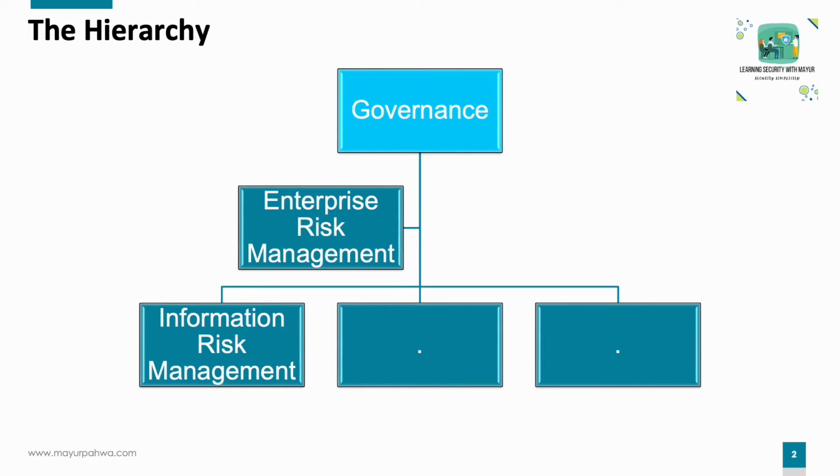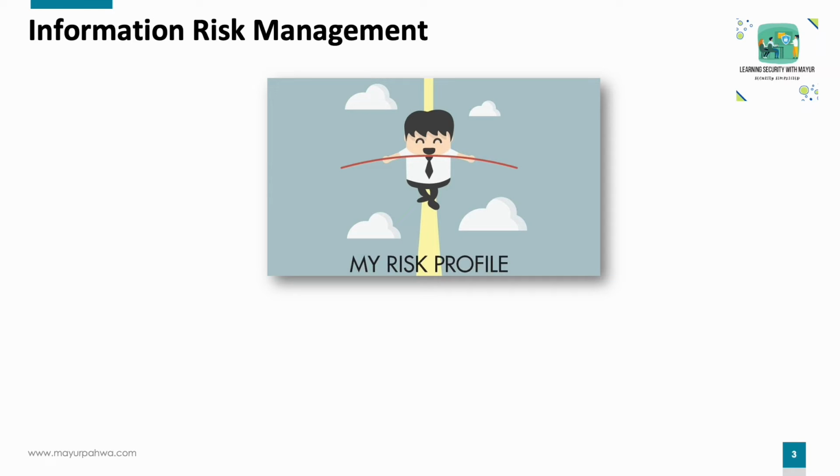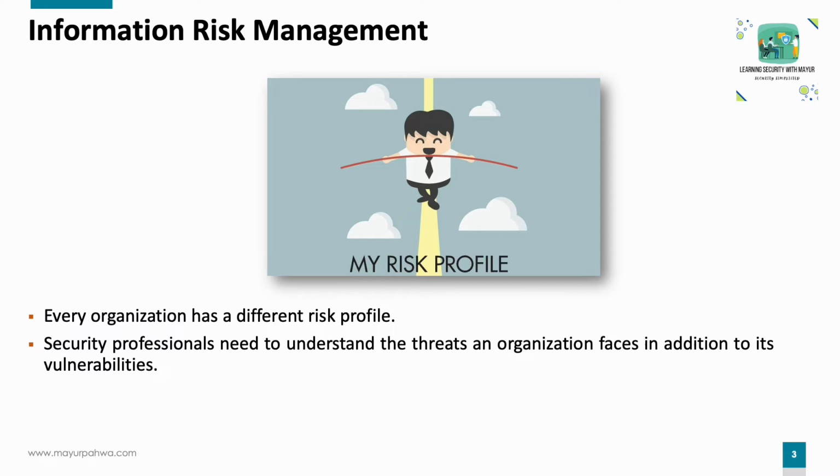Now, let's delve into the details of information risk management. Information risk management is the process of identifying and assessing risk and reducing it to an acceptable level and implementing the right mechanisms to maintain that level. See, there is no such thing as a 100% secure organization. Every organization has vulnerabilities and threats.